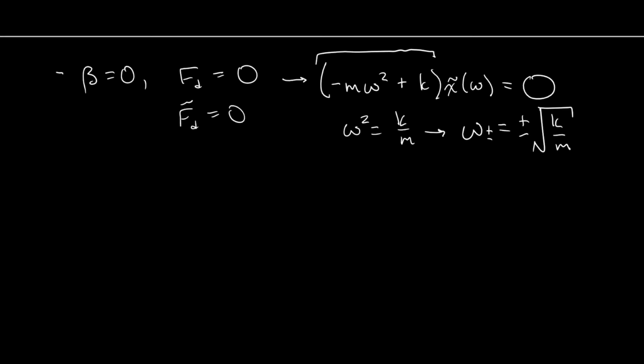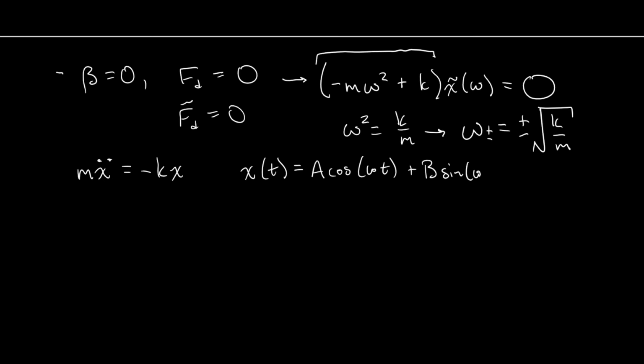This is exactly what we find for this differential equation if I guess x of t equals a cosine omega t plus b sine omega t.